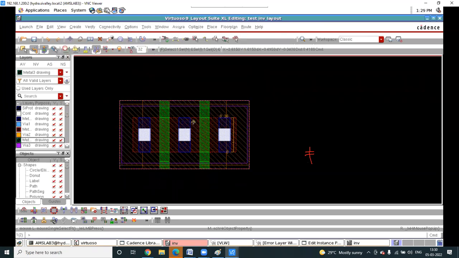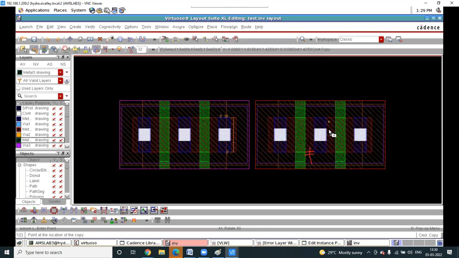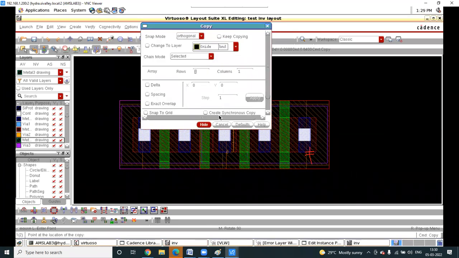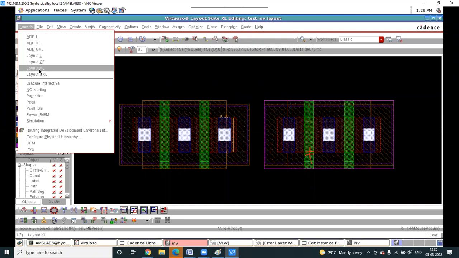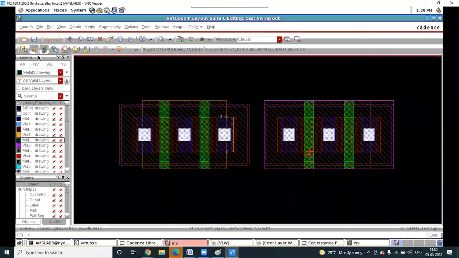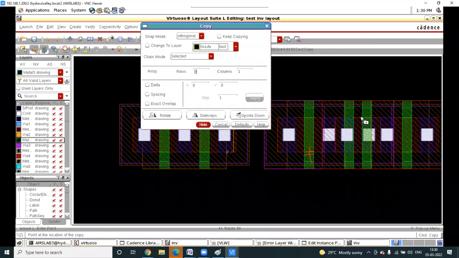Suppose you copy this with F3, create synchronous copy. Or you can say this is also a cloning thing. Everything will be available in XL. If you do it in L, this option will not be enabled. Okay, if you launch layout L, I did copy F3.